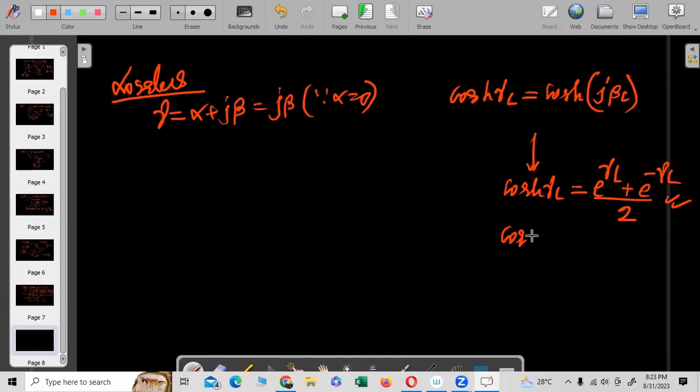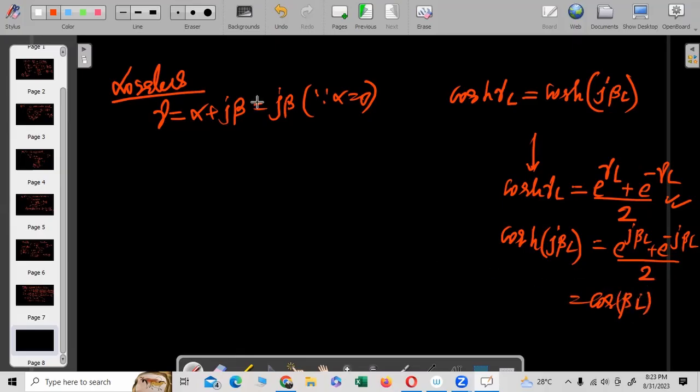If it is cosh of j beta L, then what will it come to? e to the power j beta L plus e to the power minus j beta L divided by 2. It is nothing but your cos beta L. Correct? Cos beta L it is. So this we can write as cos of beta L.